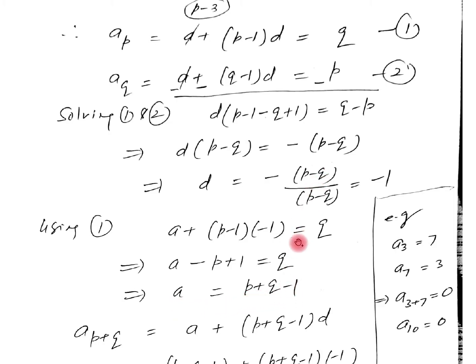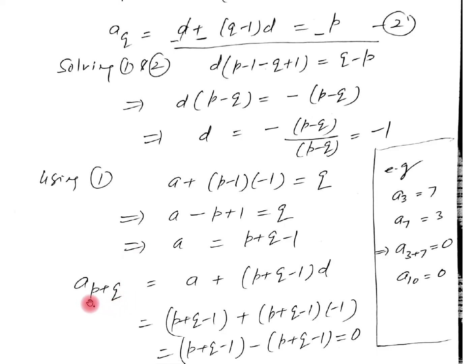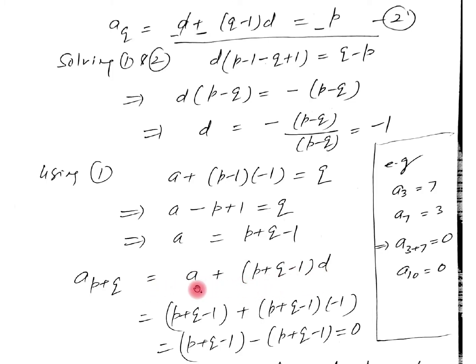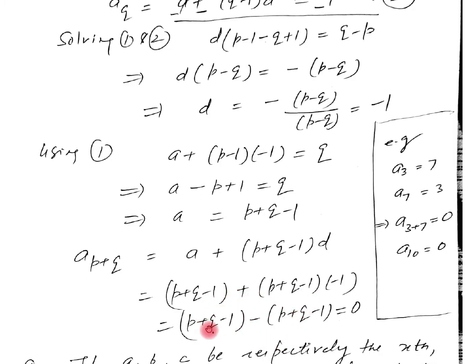Now we know the value of a, we know the value of d, we can find any term. But in the question we have to find the (p plus q)th term. Then a(p plus q) is equal to a plus (p plus q minus 1) into d. Putting the value of a and d, simplifying, all the terms will be cancelled. So the result is equal to 0.